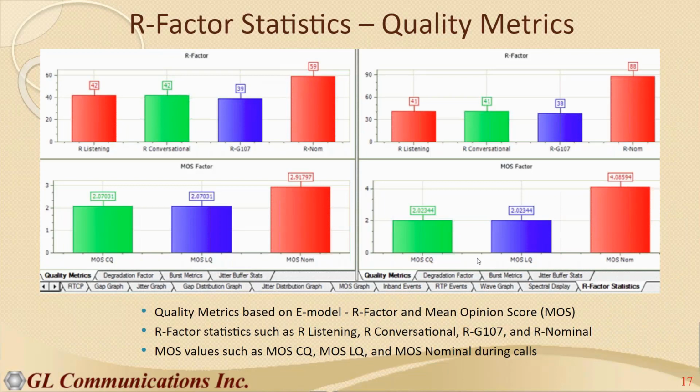So here, if you're monitoring voice quality, we can show you different graphs, again, on both sides of a given call. So here, the graphs on the left are graphs from the voice coming from point A to point B, and on the right is point B to point A. And so you see that we give you the R factor and we give you the mean opinion score for both ways. We make it very easy to digest, and we put it in simple graphs.